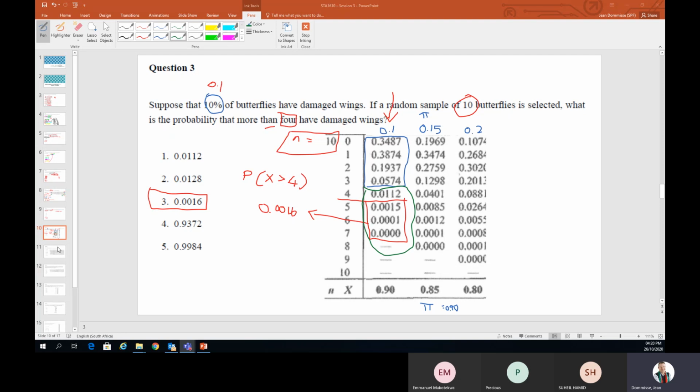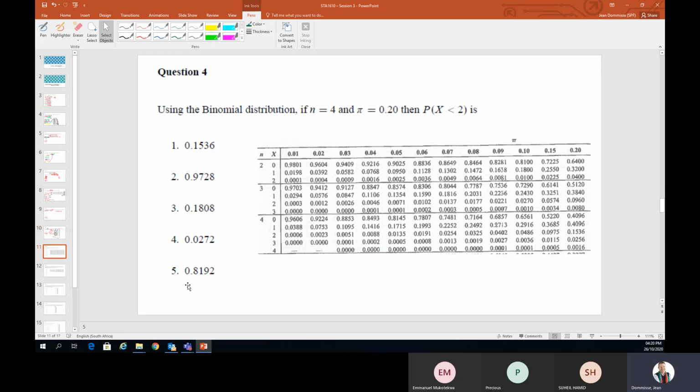Okay, so let's look at the next one. So they tell us again, n is equal to 4. So when I look at n is equal to 4, I know, okay, this is the one that I'm going to work with.